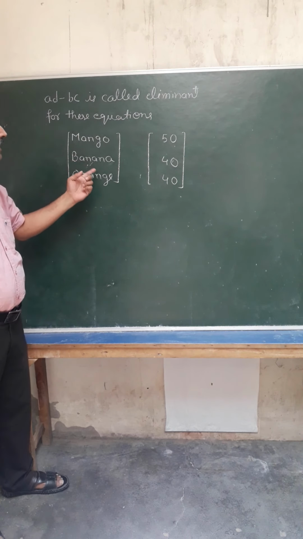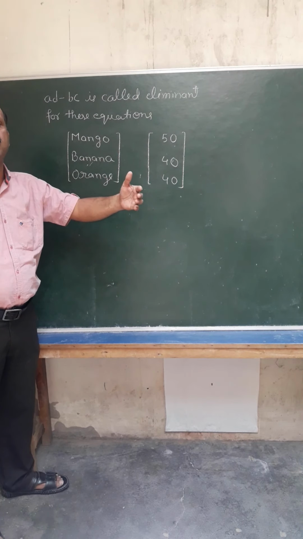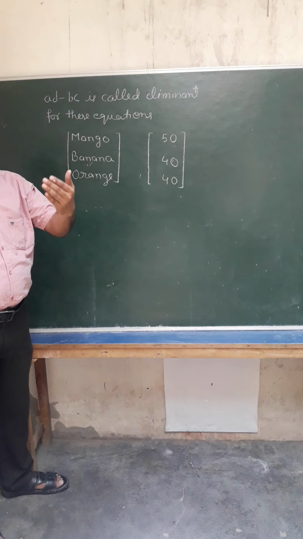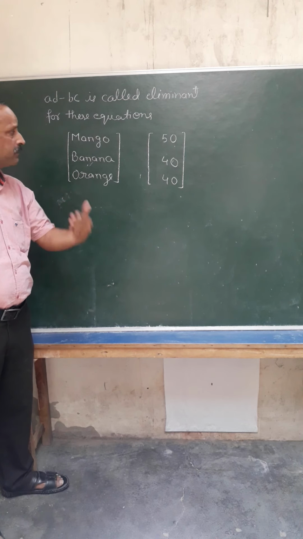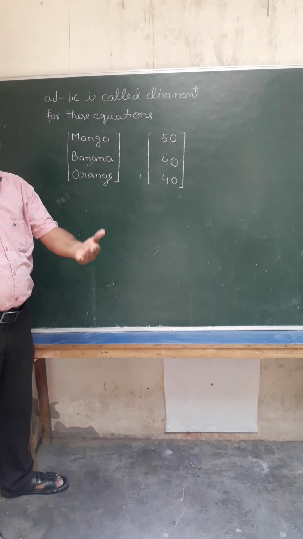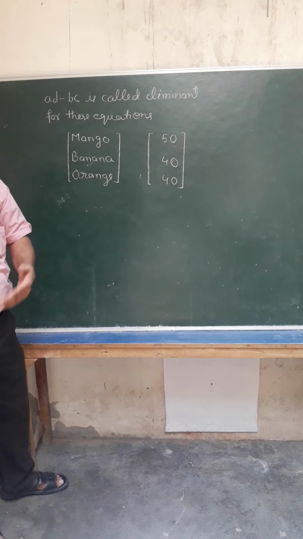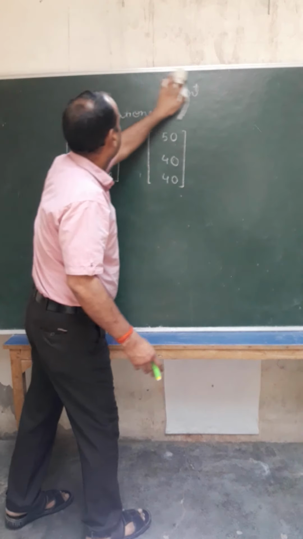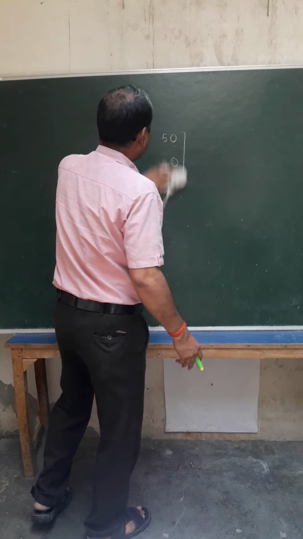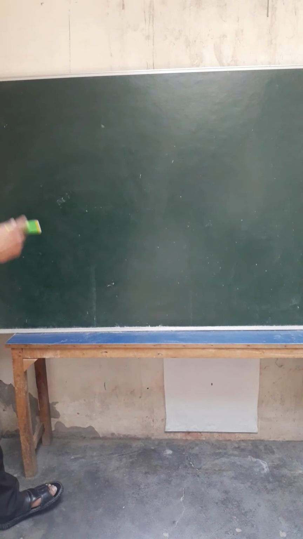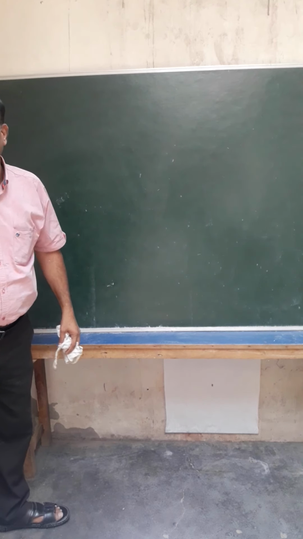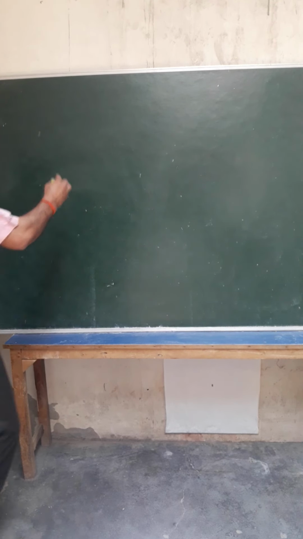But a determinant represents a numerical value, or we can also say an expression can be represented with the help of a determinant in a shorter way. A matrix can have a different number of rows and columns, but a determinant has an equal number of rows and columns between two vertical lines.